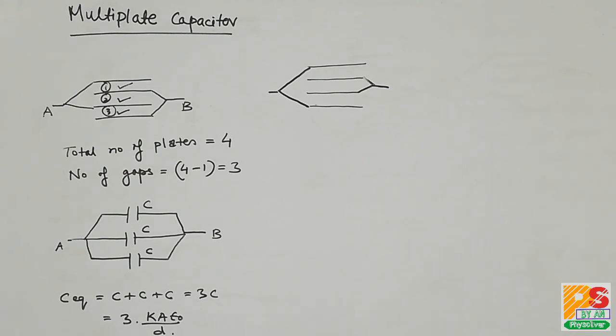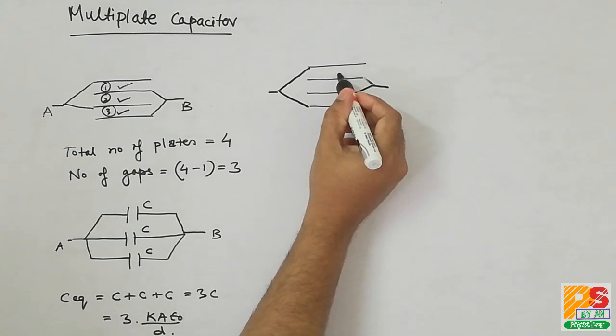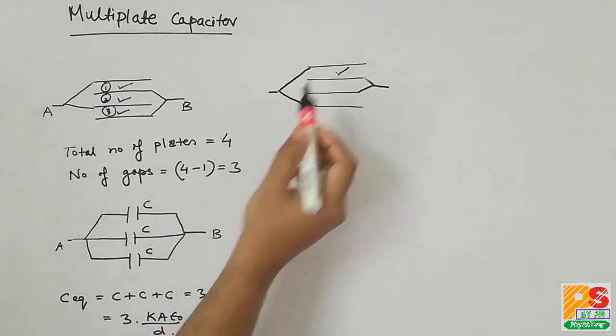This is a very important question. Understand this very carefully. We know a gap will be called a capacitor if the 2 plates are connected to the left and right ends, not to the same end.